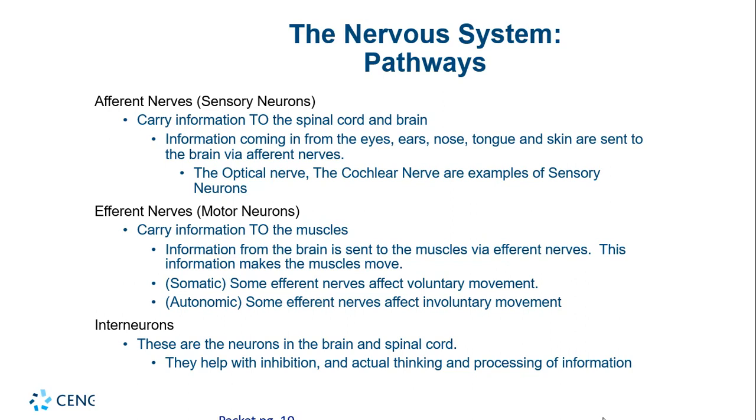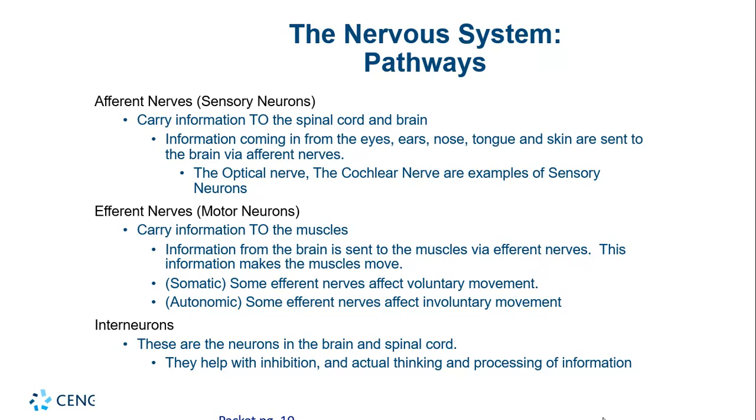My eyes are in my body and they send information to my brain via my optic nerve. My optic nerve is a sensory neuron. My ears hear some signals from the environment, and they send that information to my brain via my cochlear nerve. My cochlear nerve is a sensory neuron.